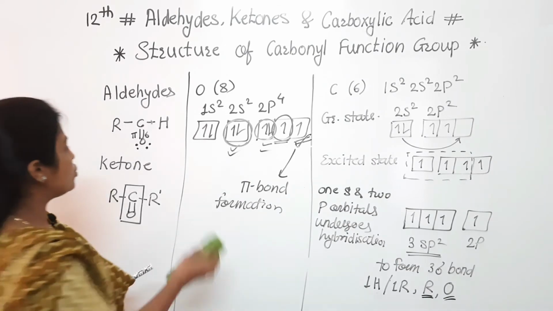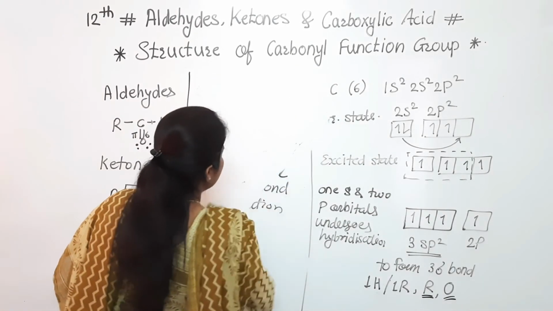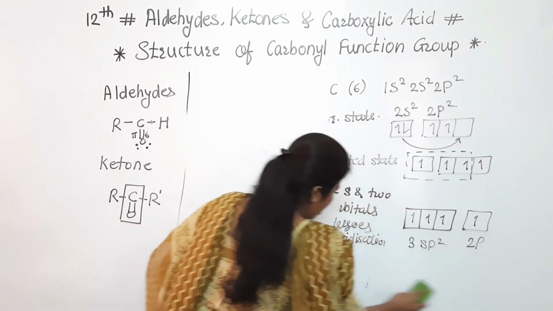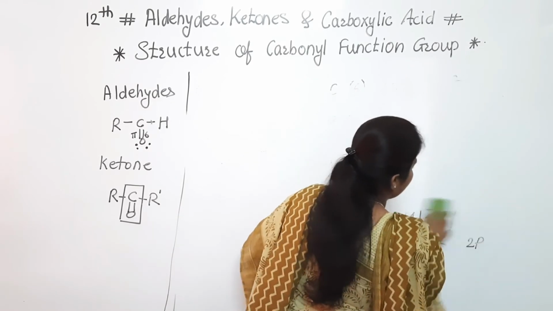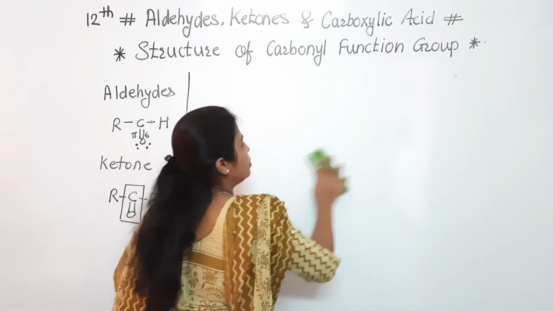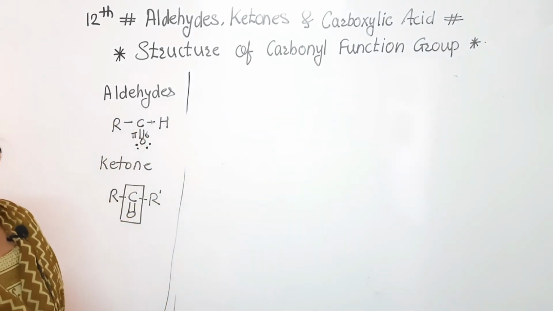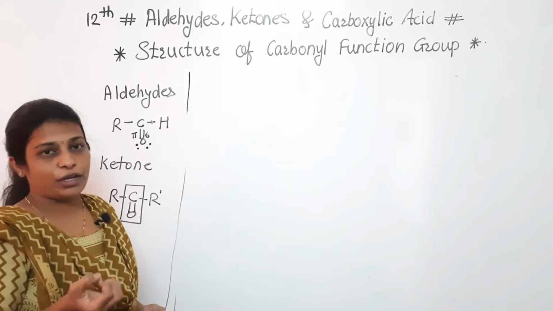Clear to everyone? So if we consider this structure, a carbon oxygen double bond is there. As we know the electronegativity concept, what is electronegativity? Electronegativity is nothing but the ability of an atom to pull the electron pair towards itself.